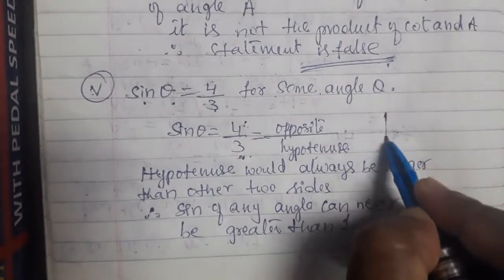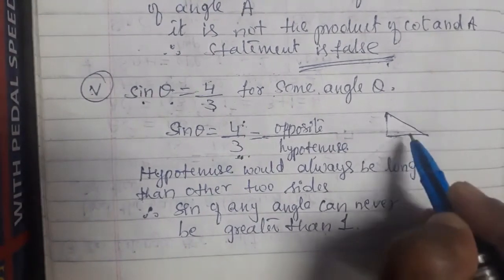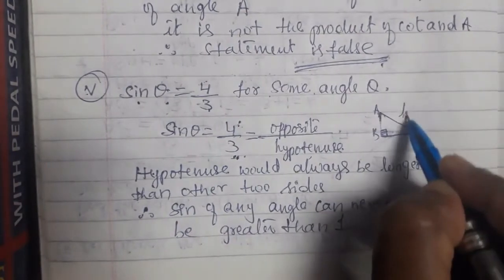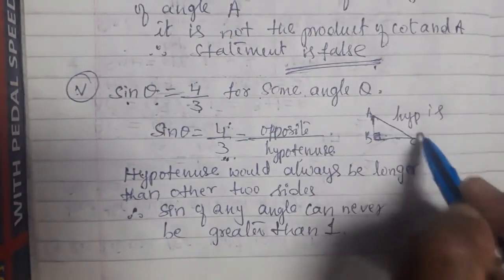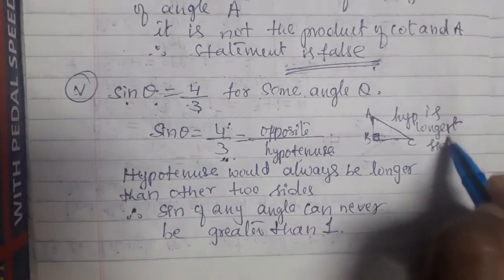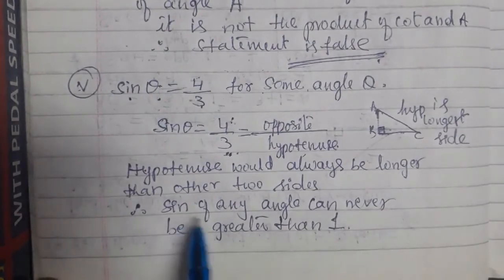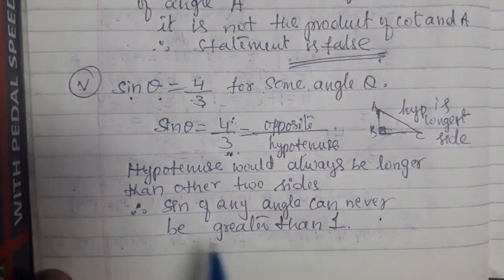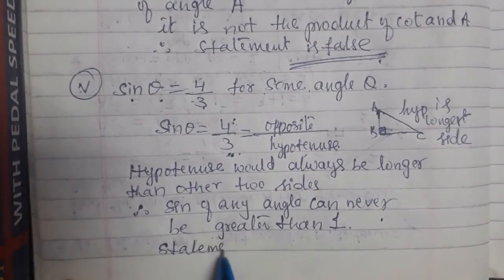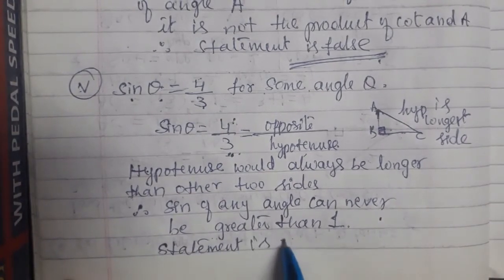In any given right angle triangle, hypotenuse is the longest side. Therefore, sine can never be greater than 1. So what we can say? The statement is false.